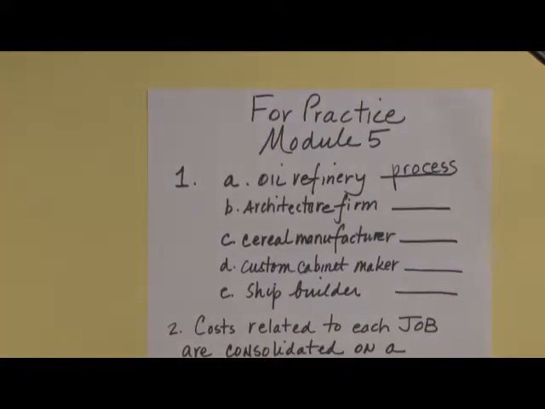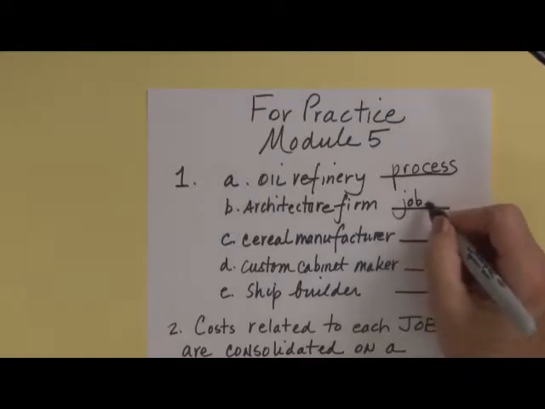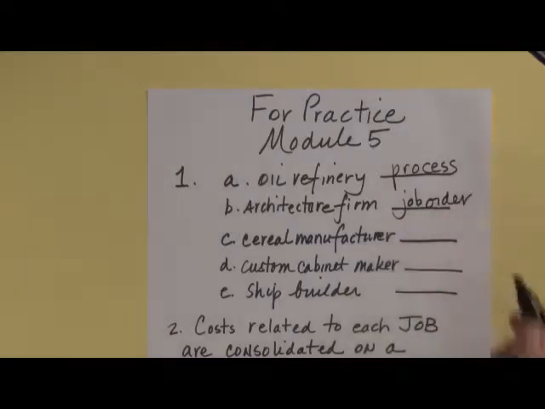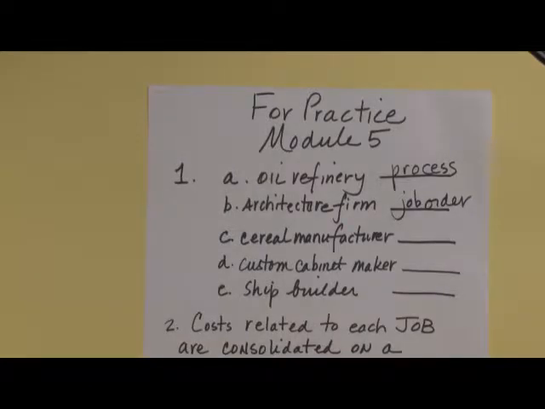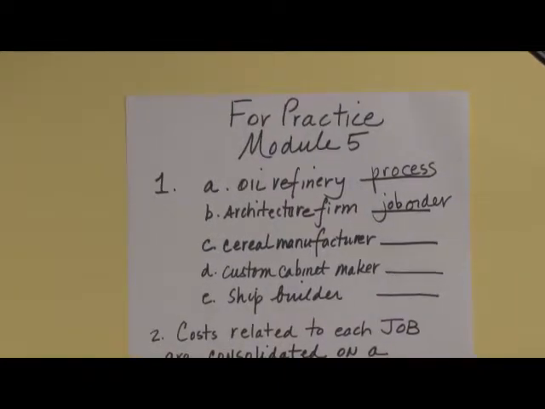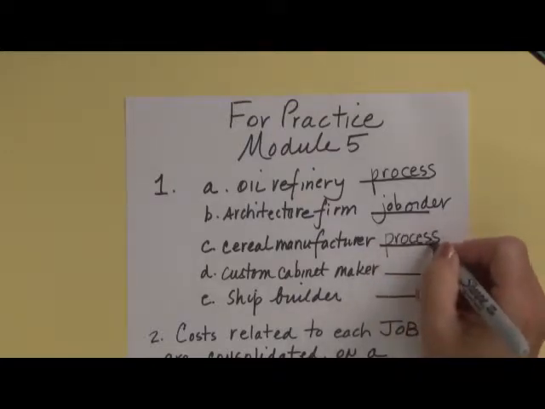An architecture firm is going to keep track of its cost per job. A cereal manufacturer is where we have this situation of one unit looks like the next, and it would be appropriate to use process costing.